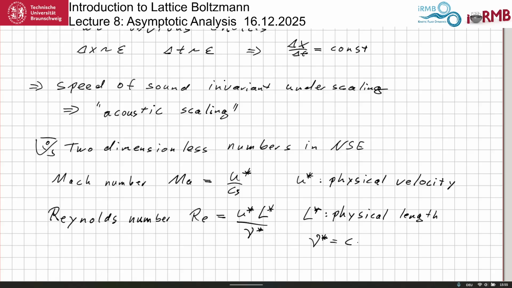So this physical viscosity is the speed of sound squared times 1 over omega minus 1/2, and this times delta t. And this is the viscosity.